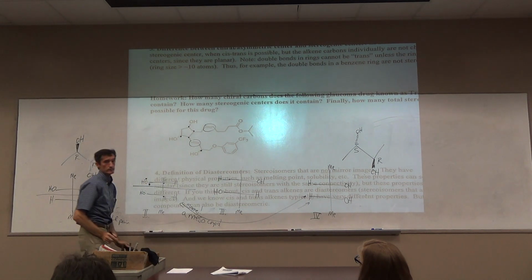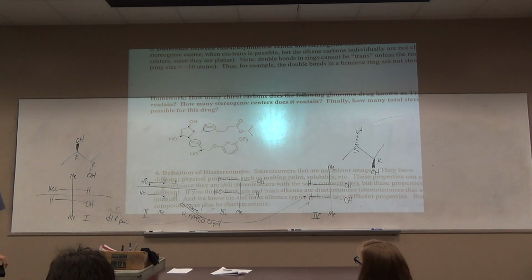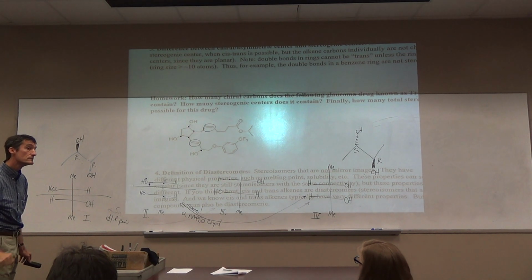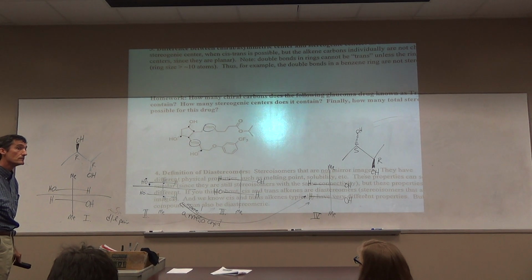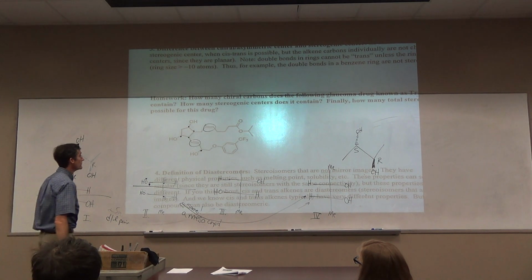Okay. Question? The chiral carbon next to the hydroxyl group in the pentane ring, I thought it wouldn't be considered a chiral carbon because the 2 ends of the ring are the same.